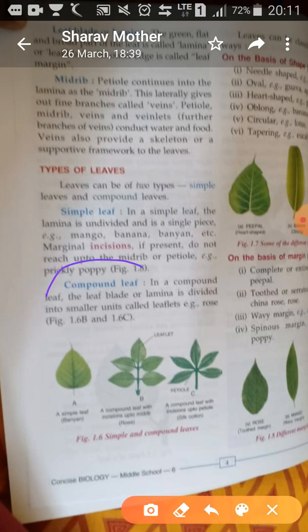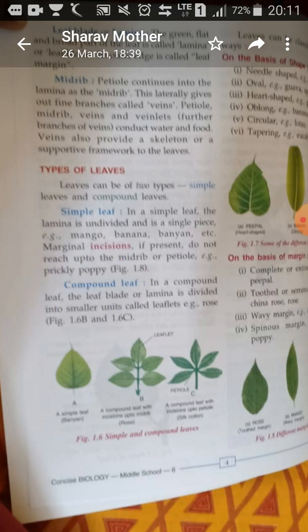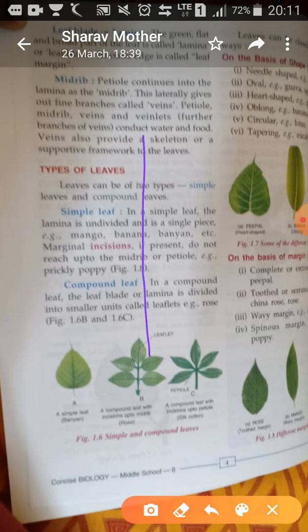The second type of leaf is a compound leaf. Compound leaf means these kinds of leaves, which look somewhat like this. This is the petiole. This is not the stem, this is the petiole. And further there are small leaves on it.